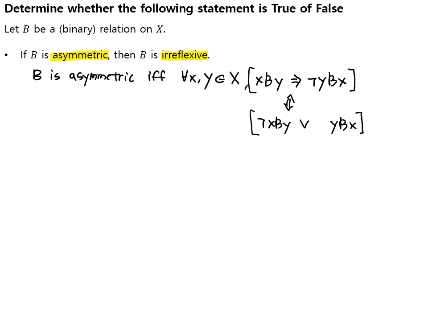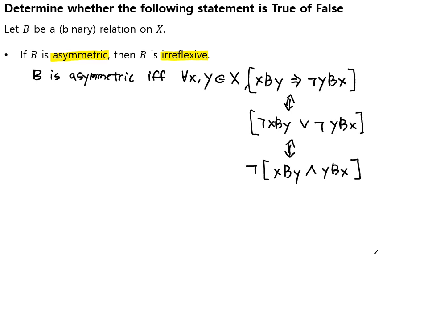Sorry. And by De Morgan's law, we can pull out the negation symbol outside the parenthesis, which will make the statement not (x B y and y B x), where the disjunction changes into a conjunction. Okay?